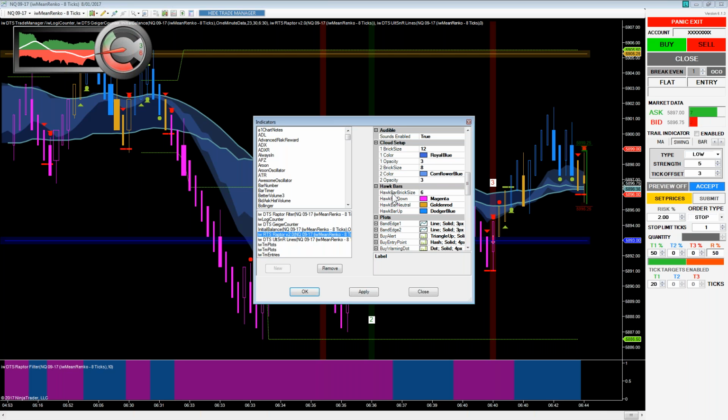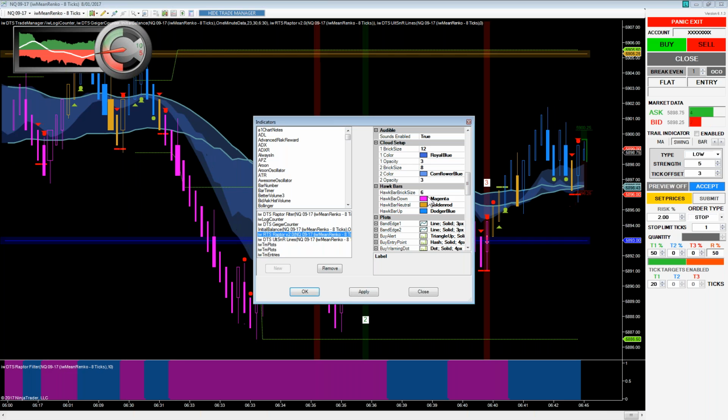Then we're also going to change the hawk brick size to 4. So those are the alternate settings, 4, 4, and 6.